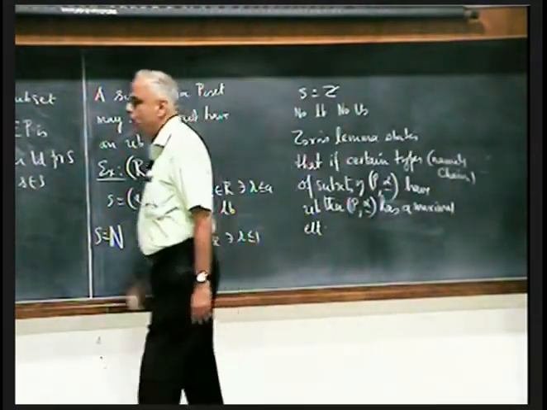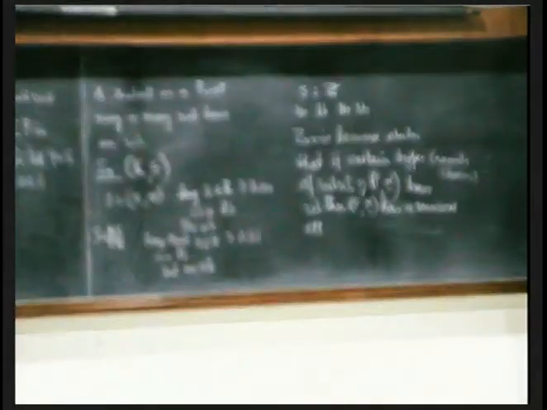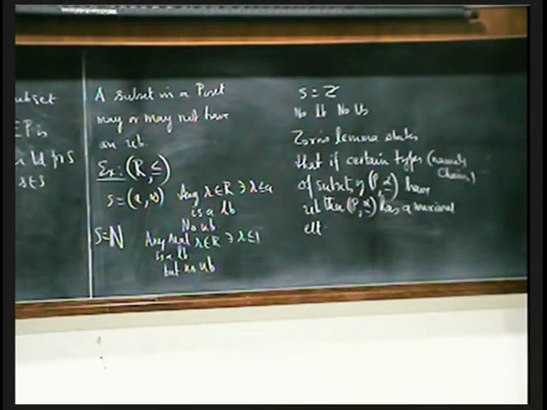So, the Zorn's lemma statement therefore is, if in a poset every chain has an upper bound, then the poset will have a maximal element. So, let us take that.